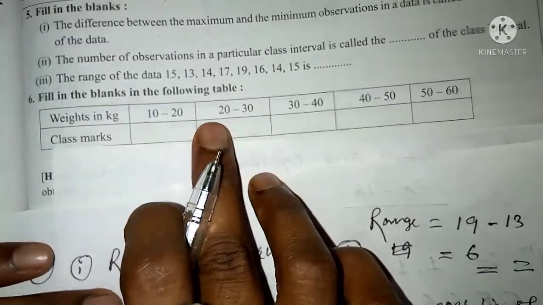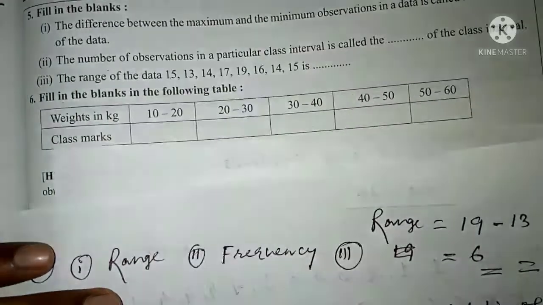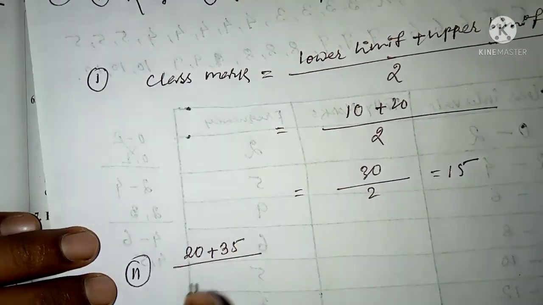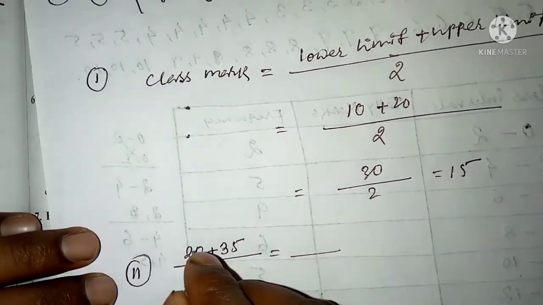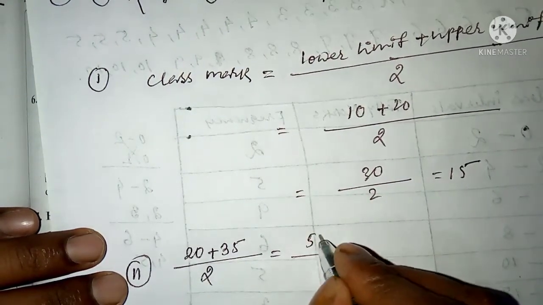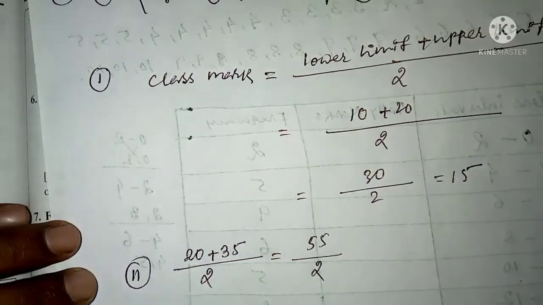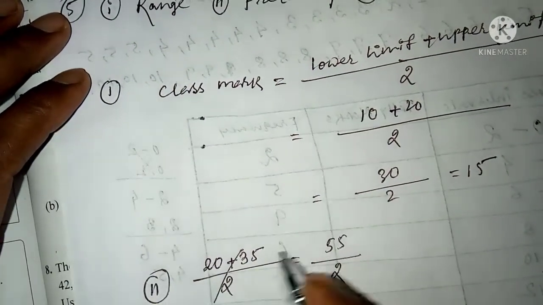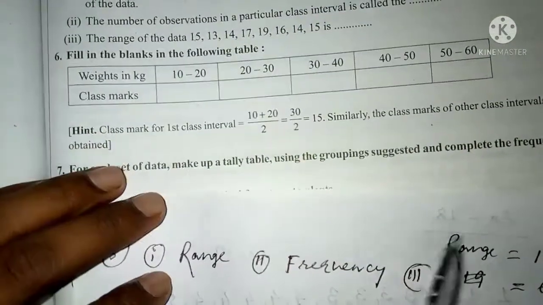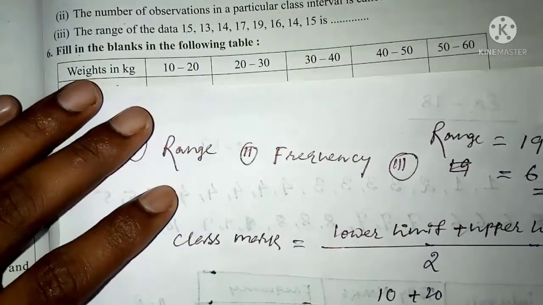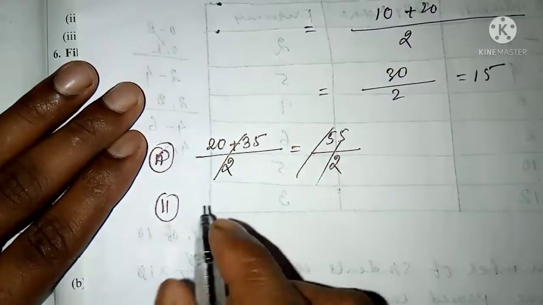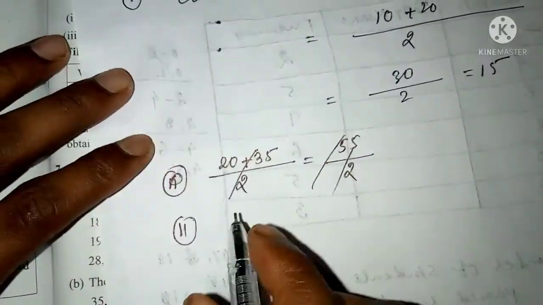Now we'll see the second one, 20 and 30. That means lower limit is 20, upper limit is your 30. You do the same thing here also, divided by 2. Sorry, I have written 20 and 35, but the second one is 20 and 30.